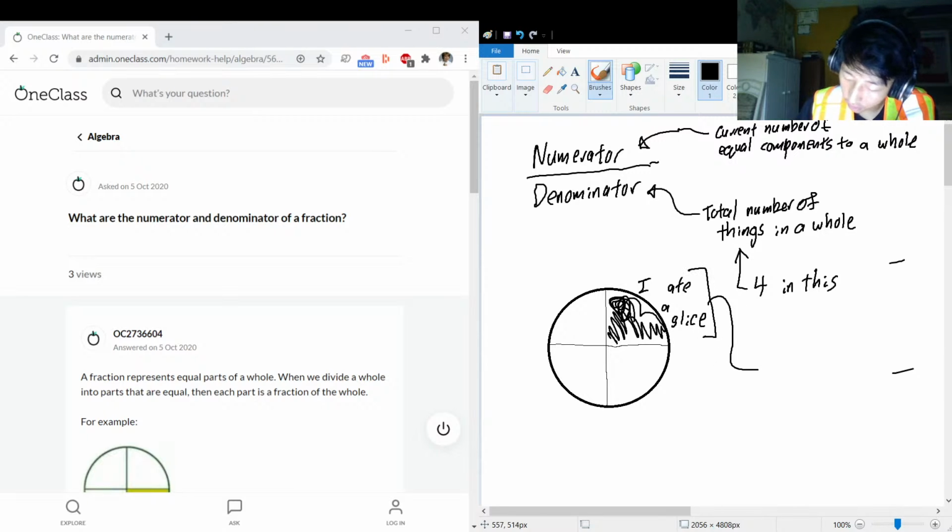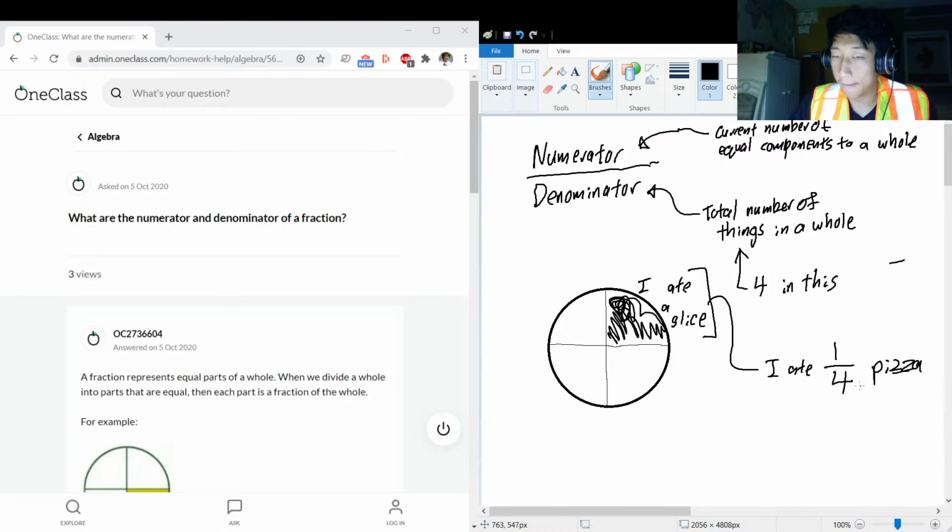That translates to, as a fraction, I ate 1/4 of the pizza. Now, if I ate 1 slice of the pizza, how many slices of the total pizza did I not eat? I did not eat 3 slices of the pizza. There were 4 total pizza slices, but I did not eat 3 of them. So the numerator in that case is 3/4, because there's still 4 in the total.